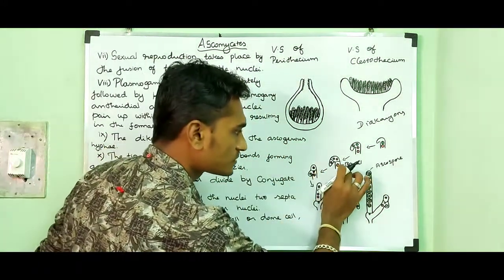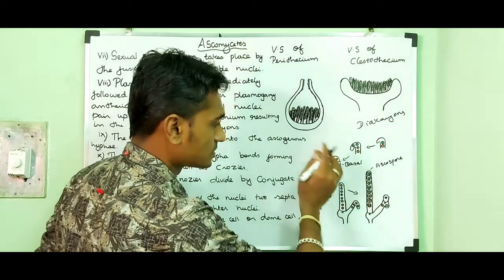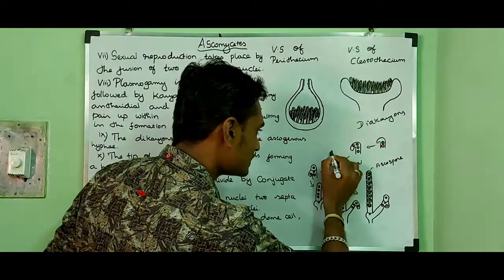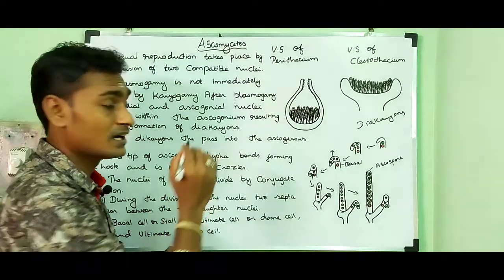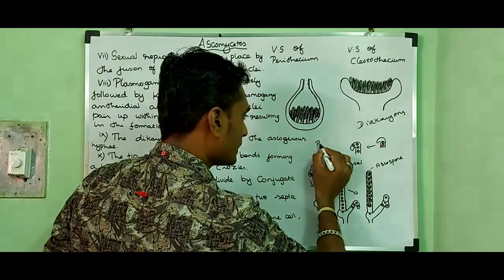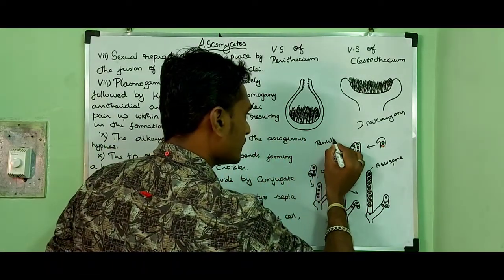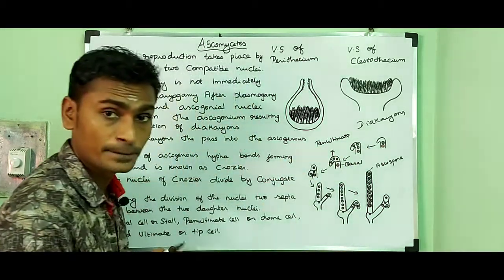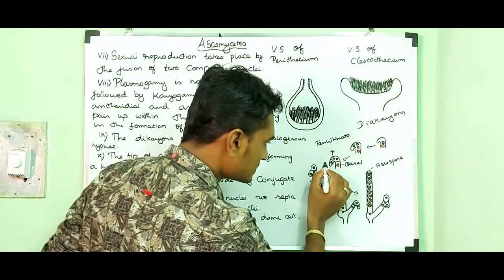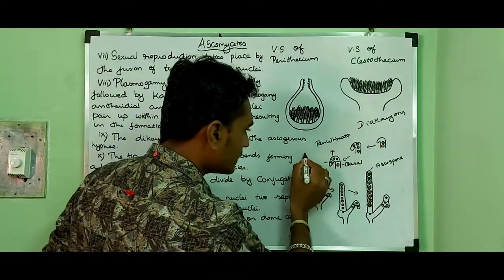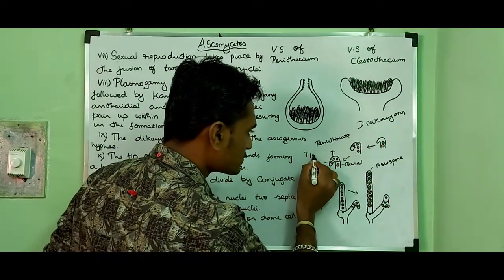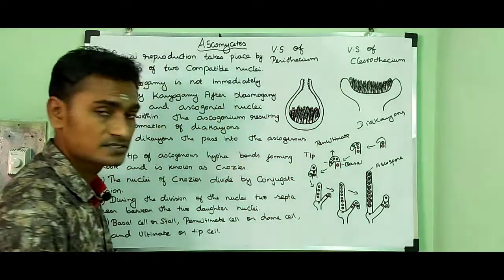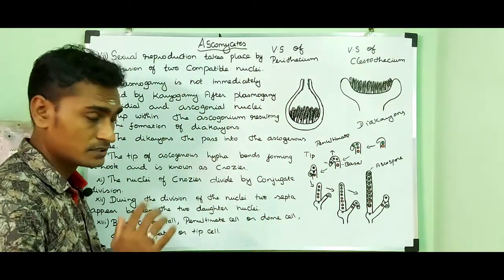This cell is called basal cell or stalk cell, and this cell is called penultimate cell. And this cell is called ultimate cell or tip cell.